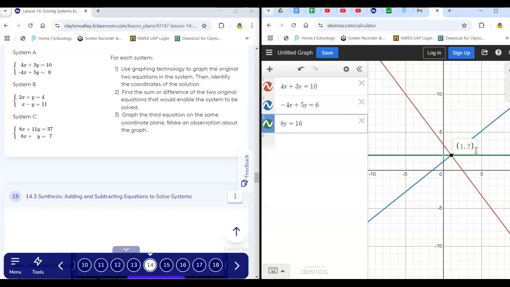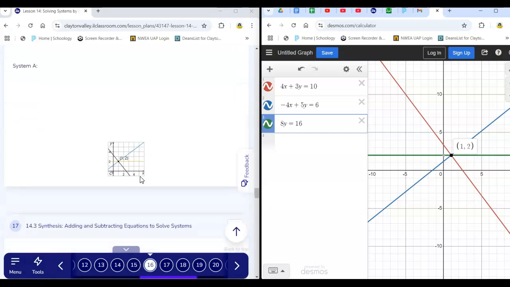Now that I've done this for you, you are going to do the same thing for the other two systems. And I'll meet you at the end.